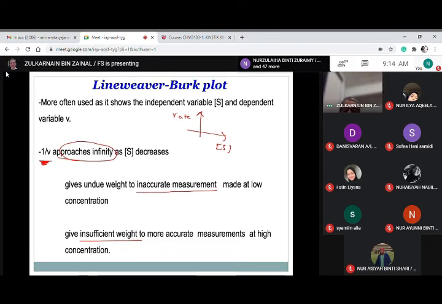So this shows that the Lineweaver-Burk plot is not so good at extreme concentrations, whether low concentration or high concentration. If it is an intermediate concentration, then it is good to use the Lineweaver-Burk plot. Right? So what is the alternative?